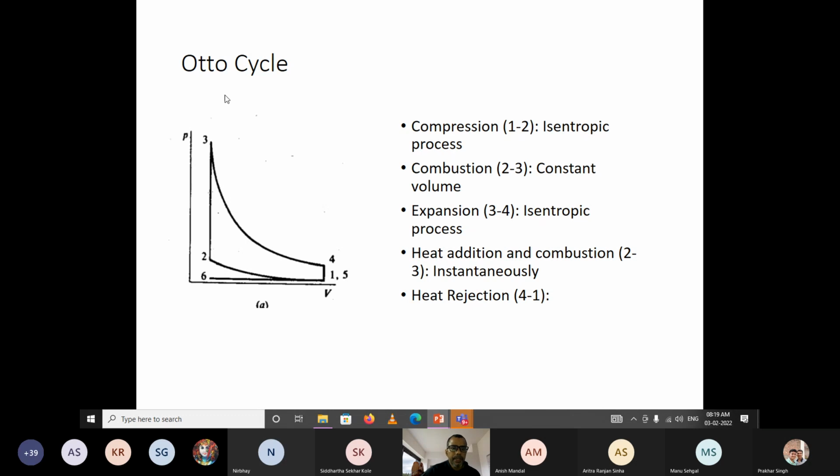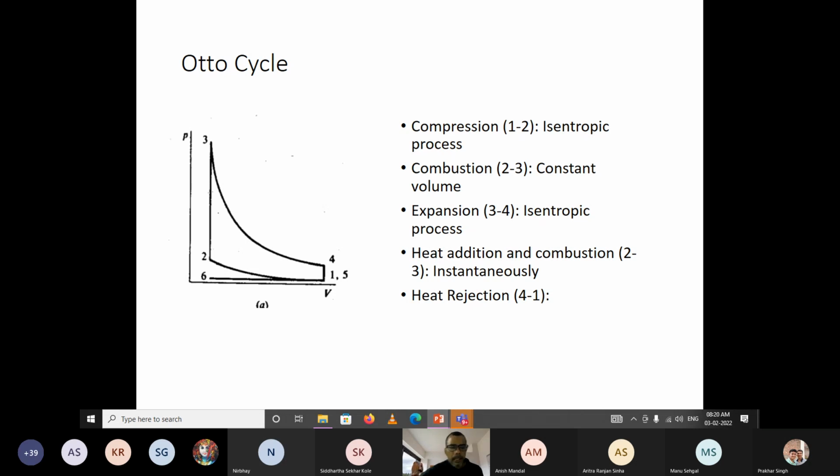Then, because of the high pressure and temperature, it acts on the piston and pushes it down. So the piston is coming back from the top dead center to the bottom dead center. That is the expansion stroke. 3 to 4, it is an expansion stroke, and it is still an isentropic process. And then 4 to 1, it is a heat rejection process.